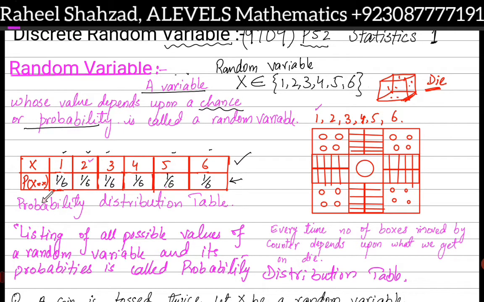So what is a probability distribution table? A listing of all possible values of a random variable, and against each value, we write its probability. This is known as a probability distribution table, right? So a random variable is a variable whose values depend upon a chance. I hope you got this.